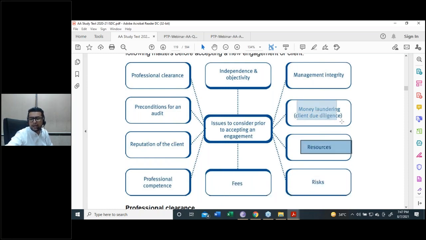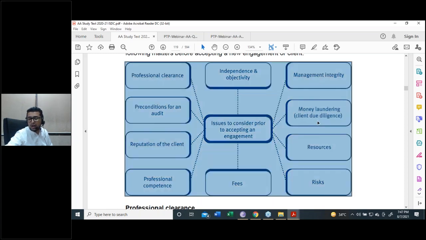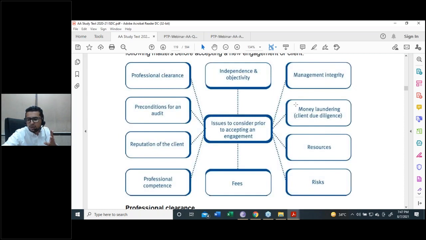I should be aware of who my clients are, whether they are, let's say, someone with an illegal source of income. So I need to know whether there is any indication of money laundering. I need to make sure that management has integrity.